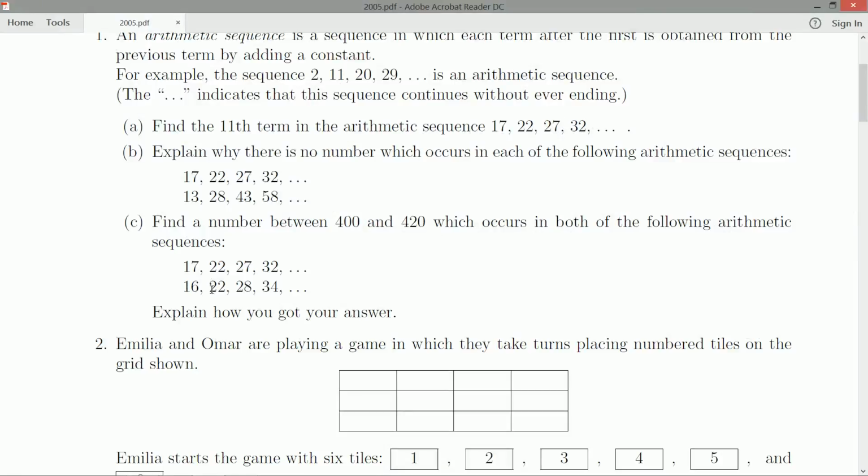So we've got 22s in common. That's nifty. But 16, 22, 28, so a difference of 6 here. Okay. Now, because 6 is not a multiple of 5, 5 is not a multiple of 6, we should expect some intersections, some overlaps. Indeed, we've already got one staring at us in the face there, 22.